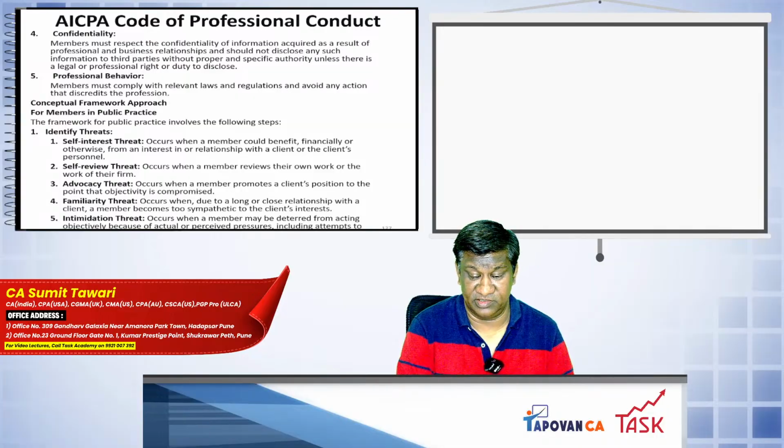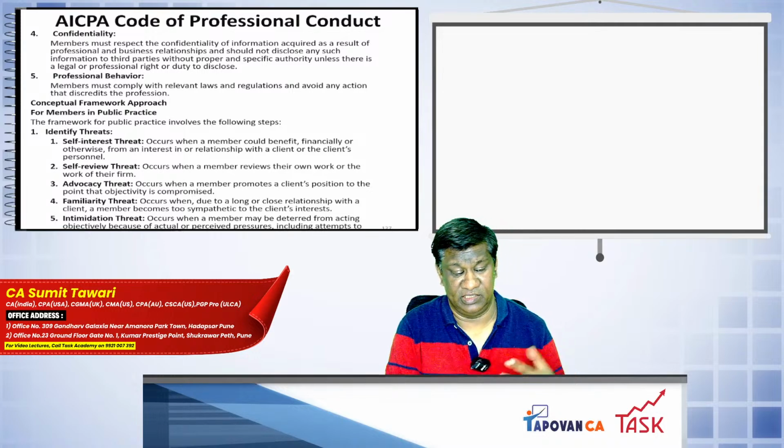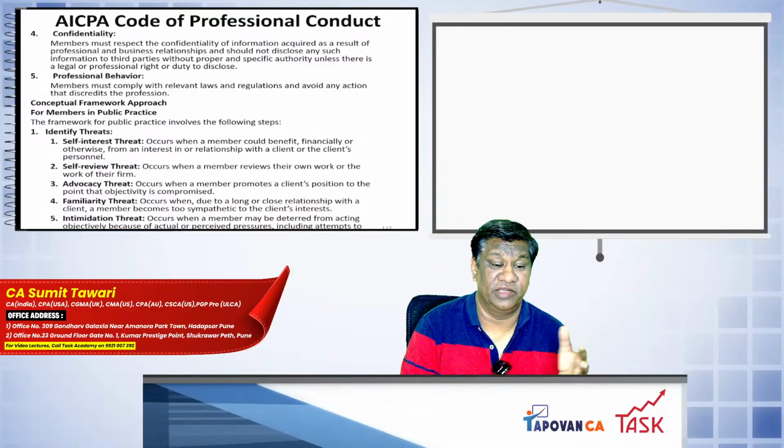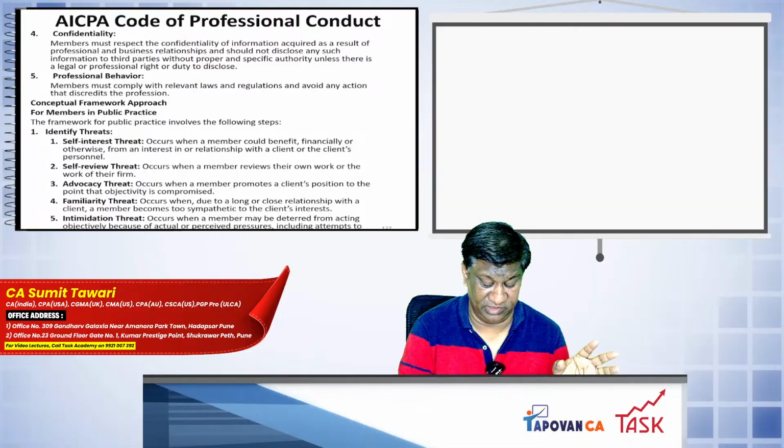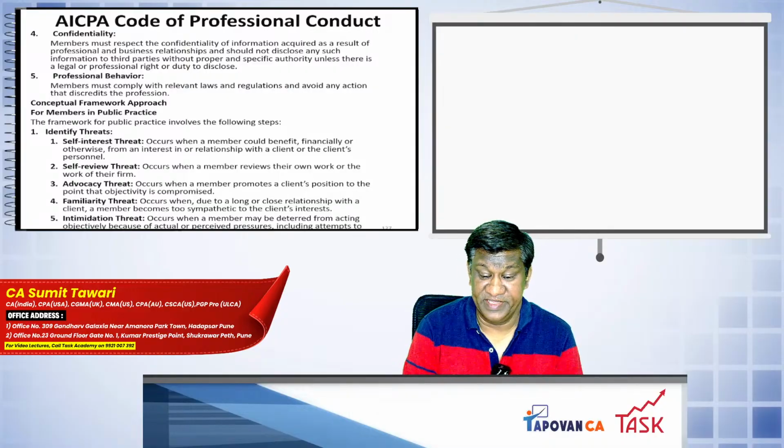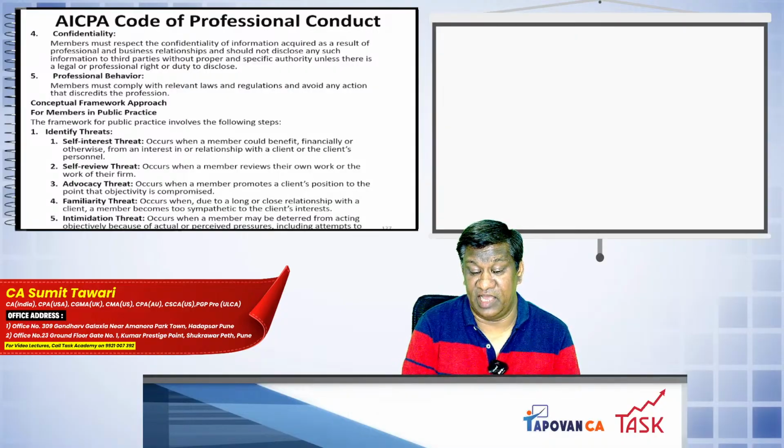If someone gives a threat, say the client has a good connection with some politicians and you are the auditor of the client, and a politician gives you a call and threatens you that you need to do whatever is required, that is basically the intimidation threat. Second, the client may say I will withhold the payment if he is not getting the desired audit report.